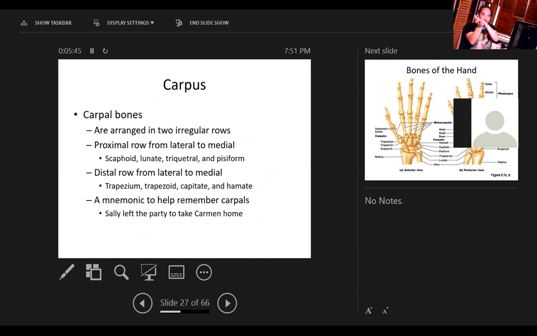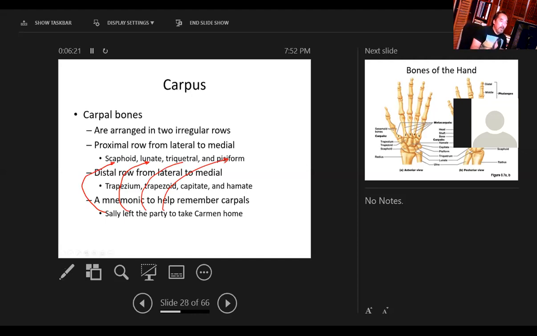With your palm facing forward to you, you can see Sally left the party. Who's Sally? Sally is scaphoid. Left, lunate. Take a look at the word: lunate looks like a moon. Then "the," triquetrum. Party, pisiform. So those are the 4 bones located at the proximal end of the wrist bones, or carpal bones.